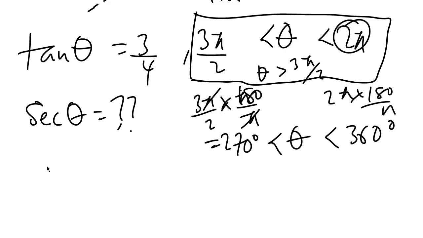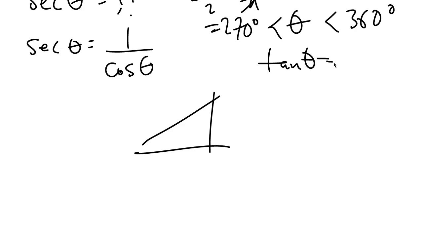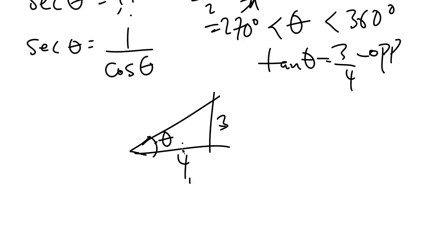Do you understand? What is sec theta? Remember that sec theta is equal to what? 1 over cos theta. So since tan theta is equal to 3 over 4, we can draw a triangle. Remembering that tan theta is equal to opposite over adjacent. Here is the theta, here is 3, here is 4, because this is opposite, this is adjacent. And then to get the hypotenuse, we use Pythagoras theorem, and that's going to be 5.